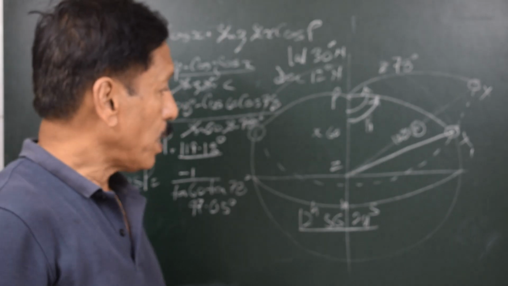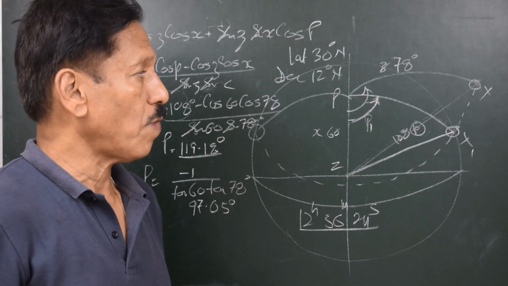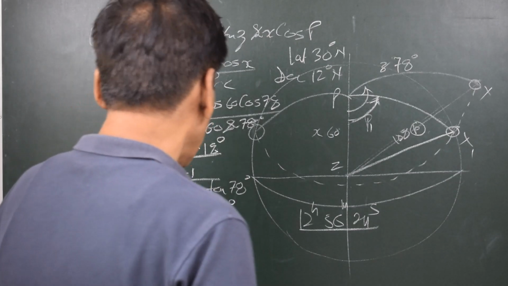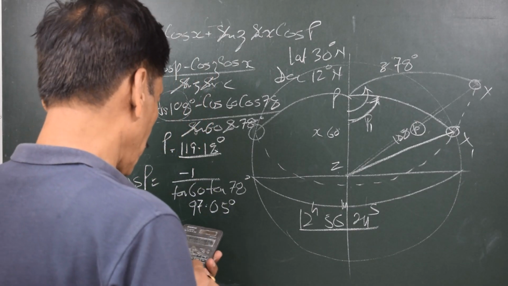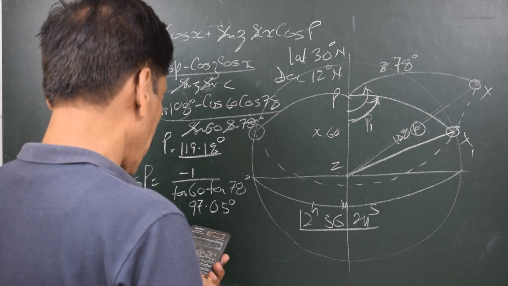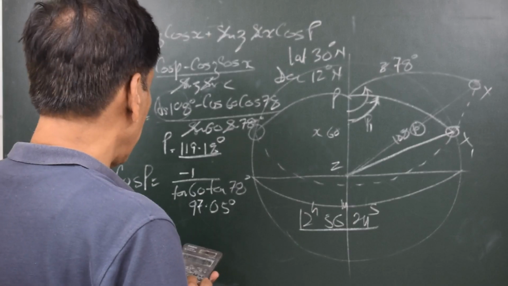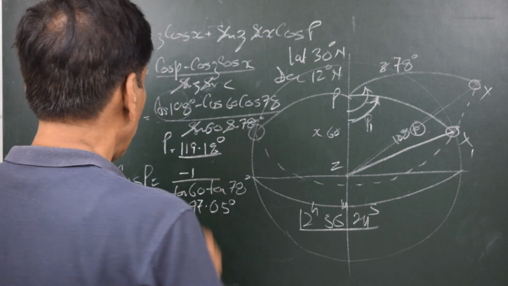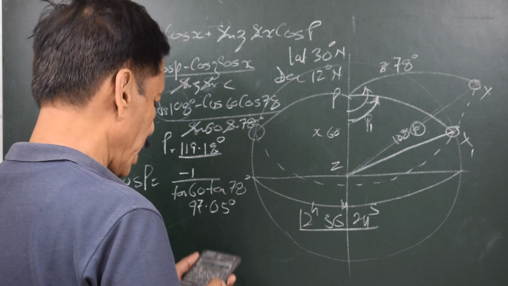But here in this question, we are trying to find the duration of twilight, that is astronomical twilight. So what we have to do is subtract 97.05 degrees from 119.18 degrees.